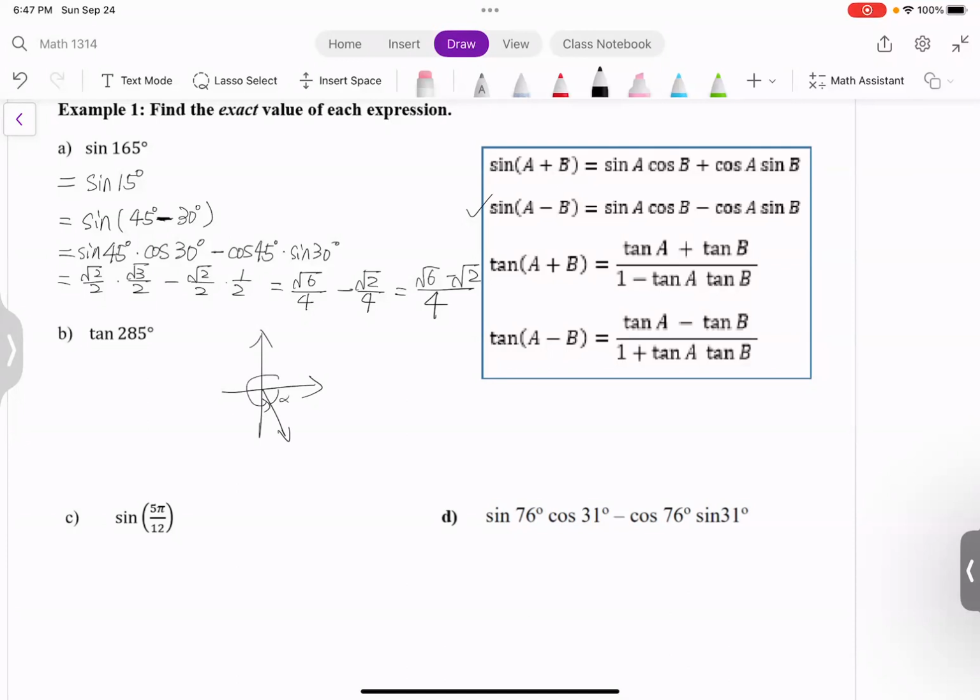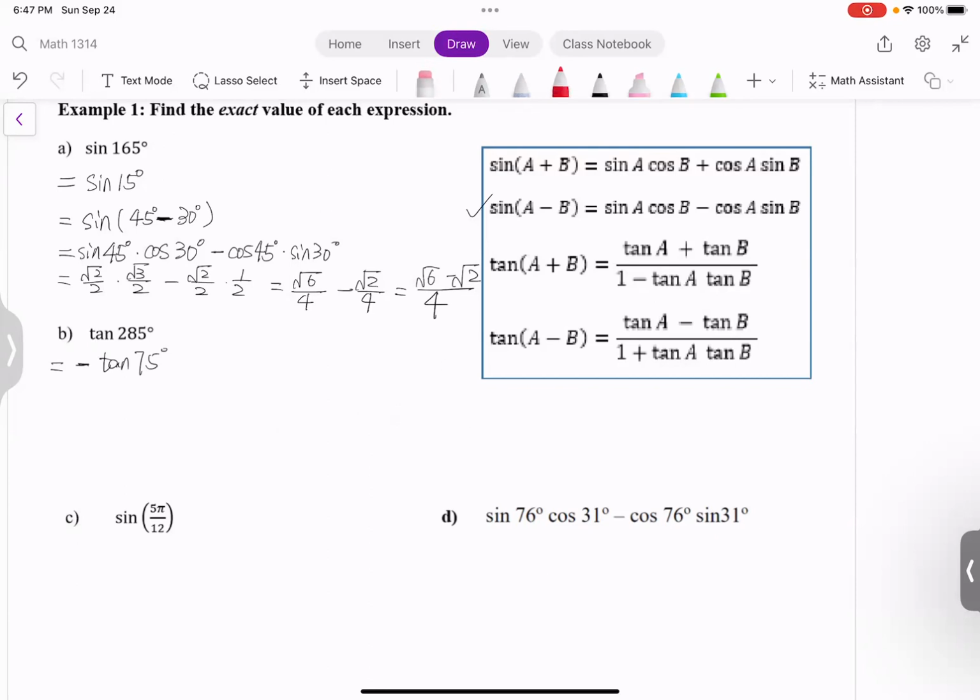The reference angle alpha equals 360 degrees minus 285 degrees. What is that? It should be 75 degrees. If I have 75 degrees, for the tangent in the fourth quadrant, I must have negative tangent 75.